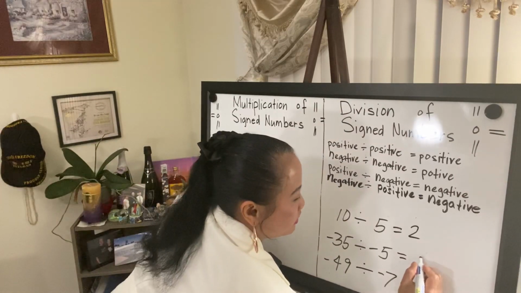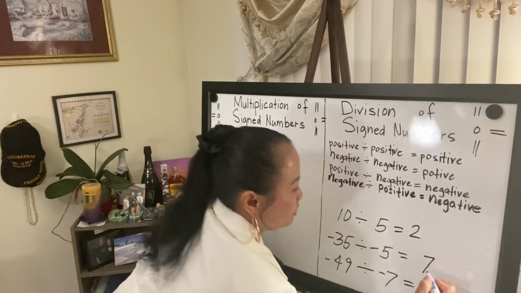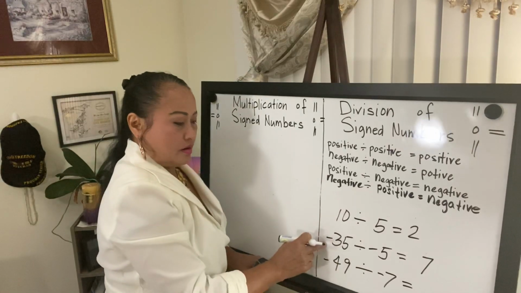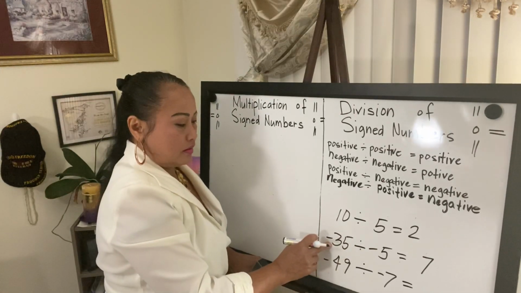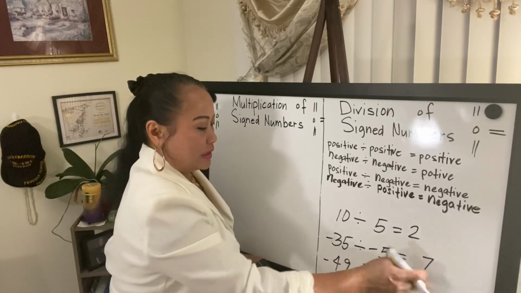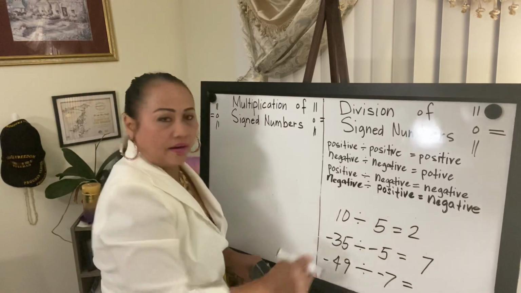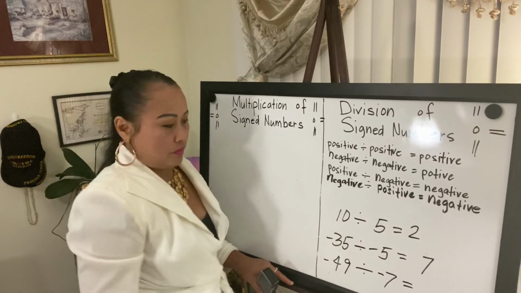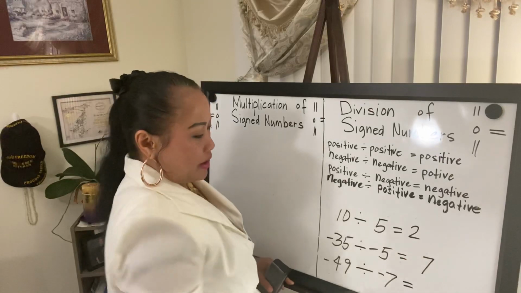Okay, it is 7. Then, the same sign. 35 divided by 5 equals 7. Then look at the sign. The same sign is always positive. So the answer is 7.